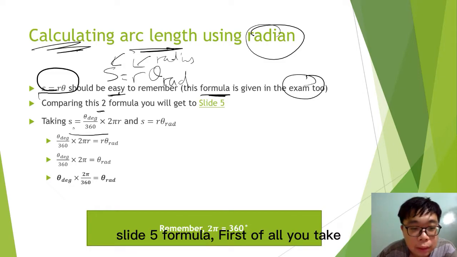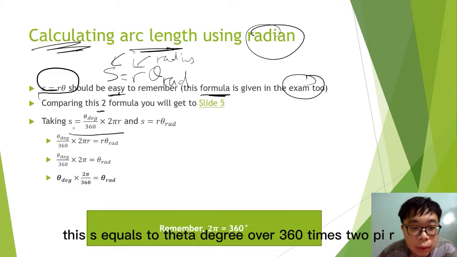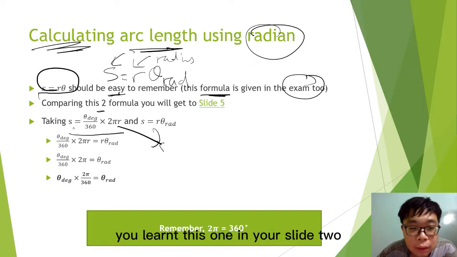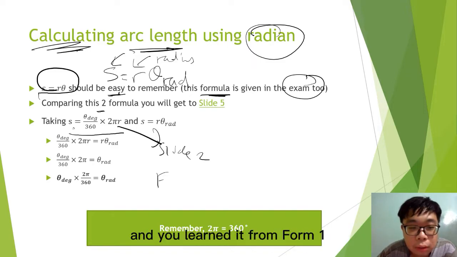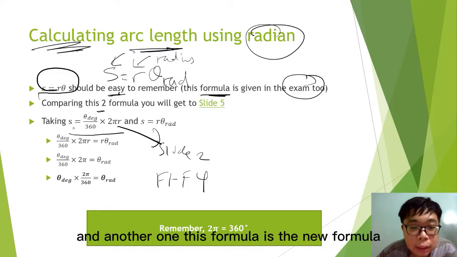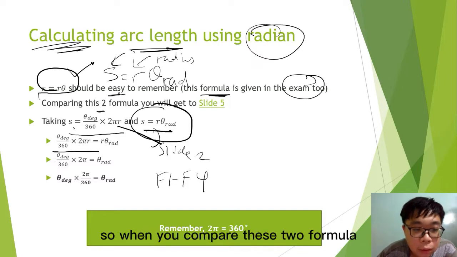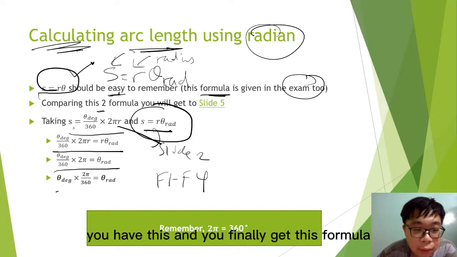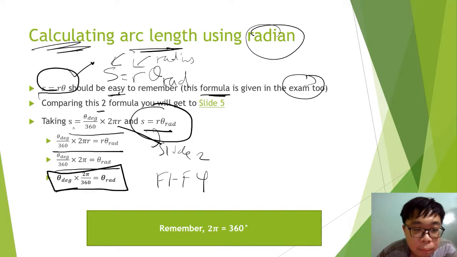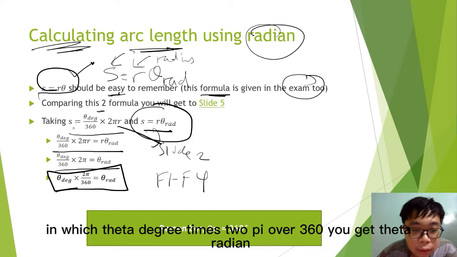First of all, you take S equal to theta degree over 360 times 2 pi r. You learned this one in slide 2, and you learned it from Form 1 to Form 4. The other one is the new formula that you learn in this chapter, S equal to R theta radian. When you compare these two formulas, theta degree times 2 pi over 360 gives you theta radian.